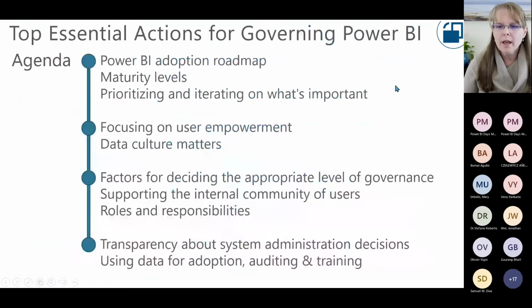All right, so what we have planned for today, this is a pretty high level conversation, a little bit more about strategy and planning. If you were hoping that we're going to crack open tenant settings and talk exactly about what to set, that's not really the kind of session that we're talking about. We're really talking more about the kinds of things that you want to think about when you're governing Power BI.